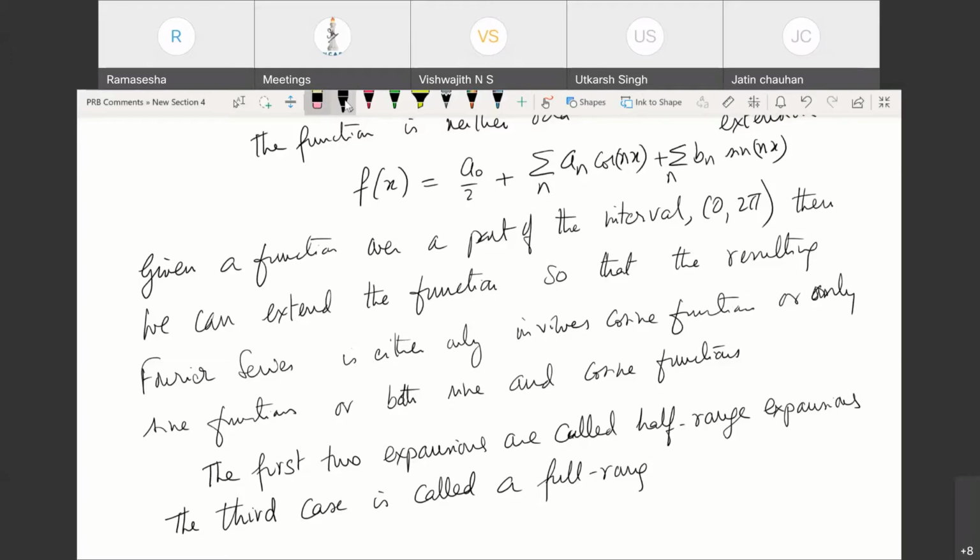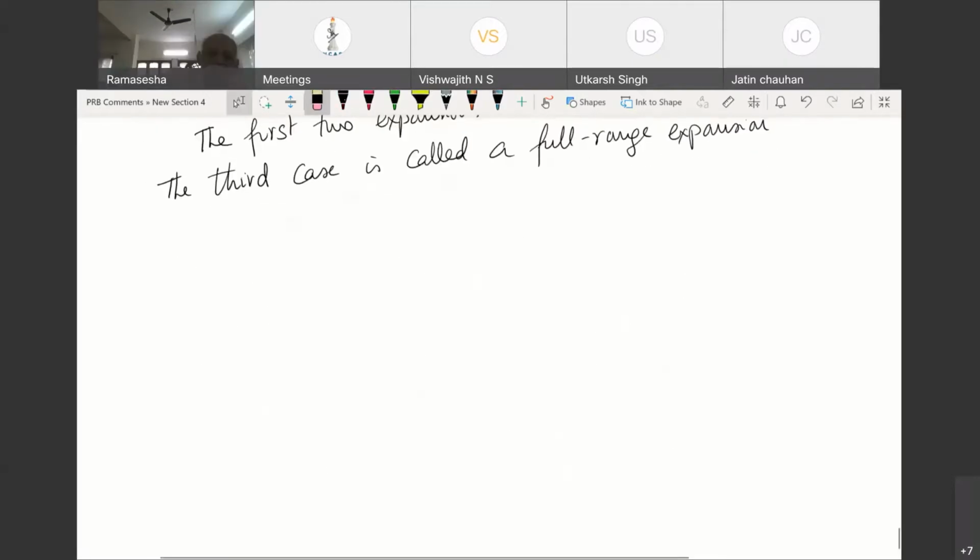If you want only a sine series, you extend it as an odd function. Or if you want both sine and cosine, then you can extend the function in any arbitrary fashion. Okay. These are the things used in Fourier series, which are half-range expansions and full-range expansion.